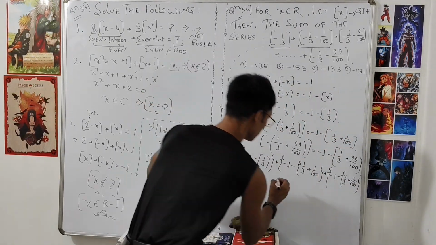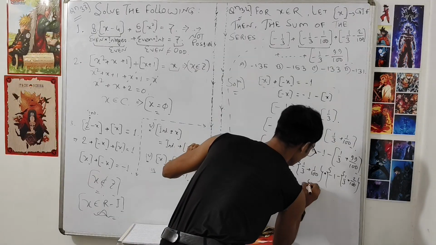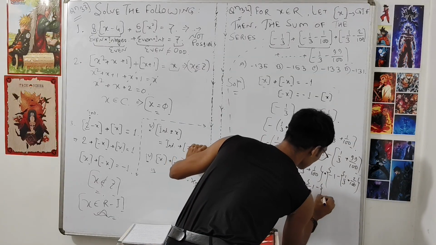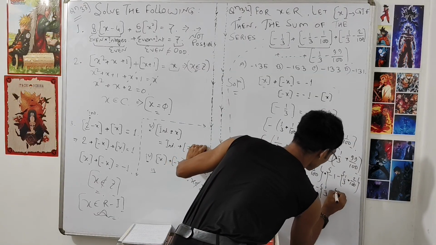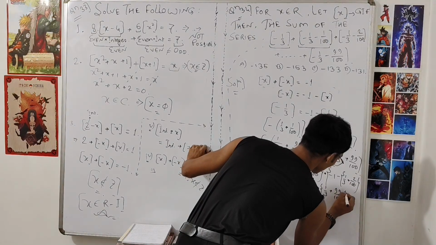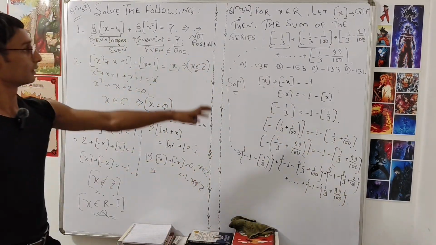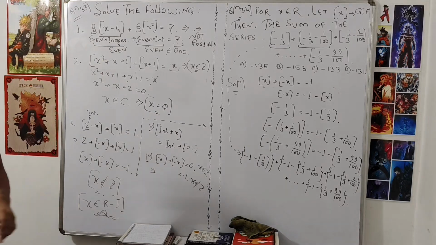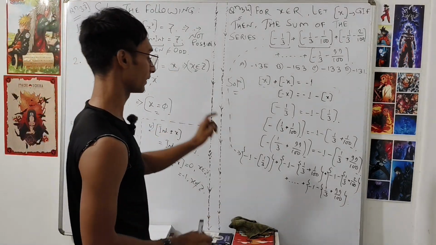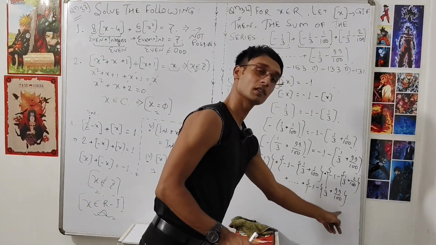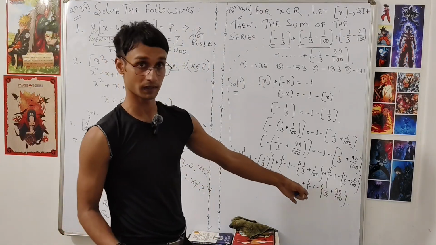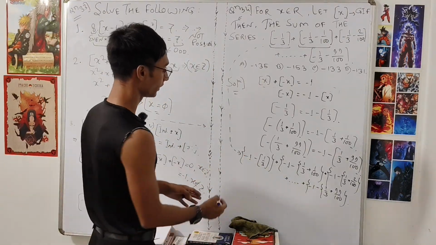This one, and this will go up to -1 minus box of 1/3 plus 99/100. So the series given there, we can convert to this expression, right?